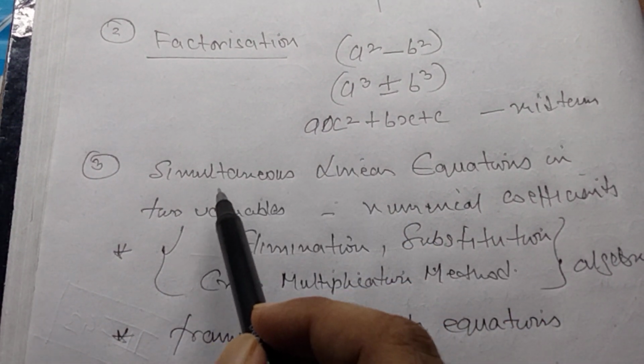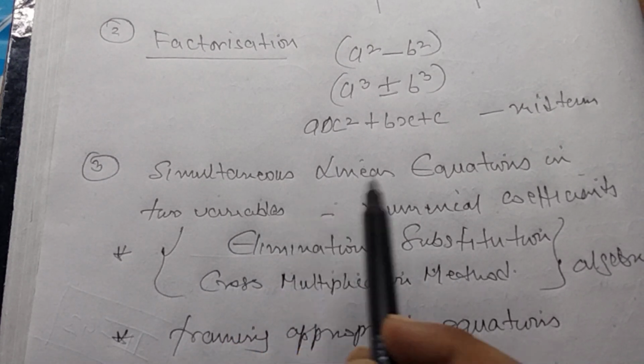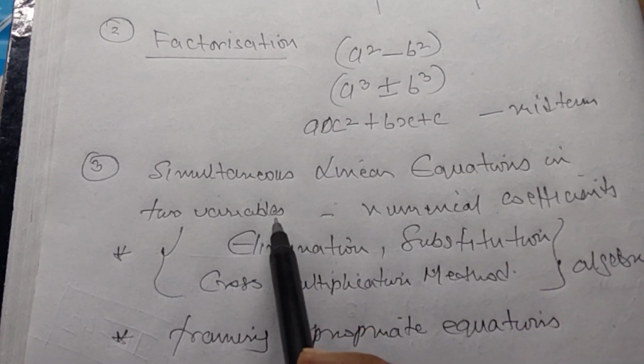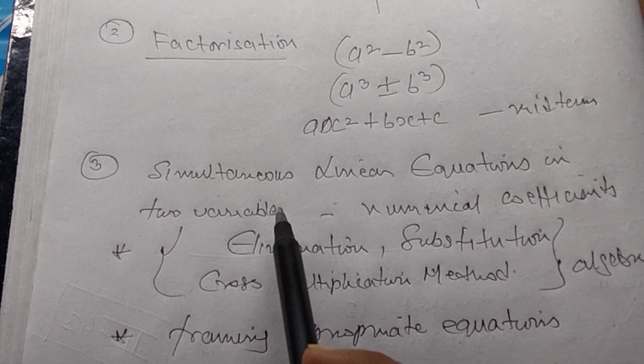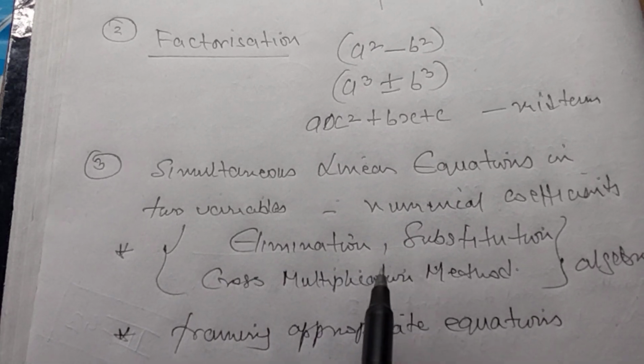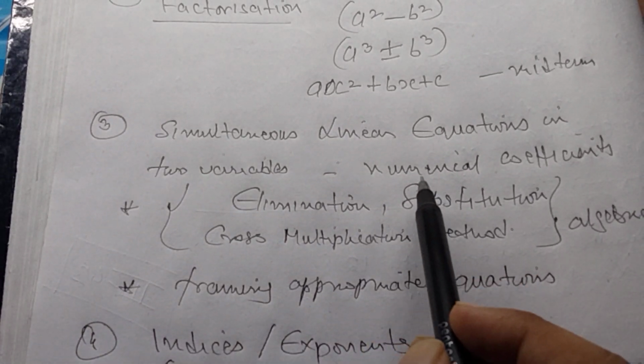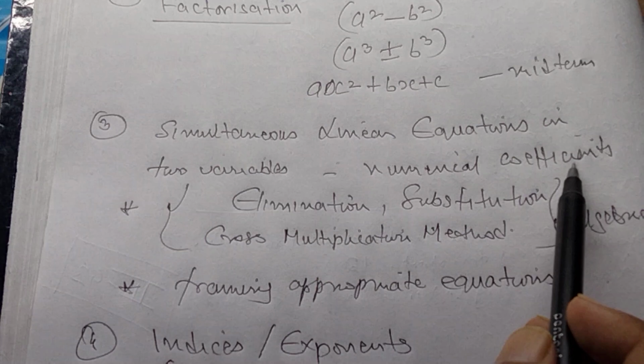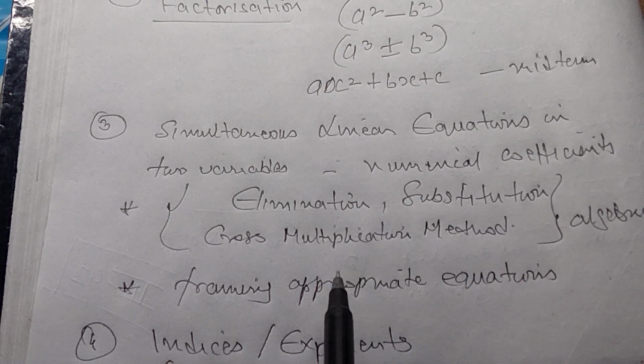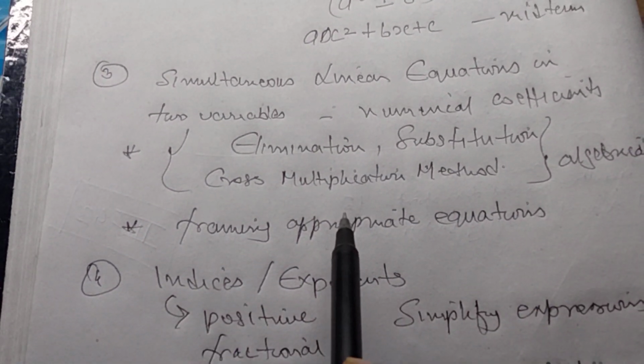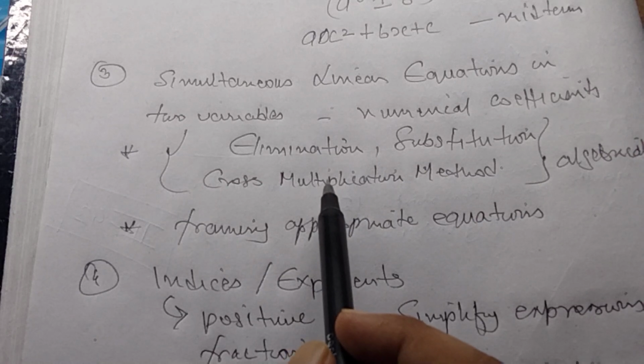Third point you have to know is simultaneous linear equations in two variables. Okay, you must have solved maybe in one variable earlier, but now we will see when we have two variables how to solve a linear equation, and this will be with numerical coefficients only, so it's going to be easy. There are two things you have to know in this simultaneous linear equation.